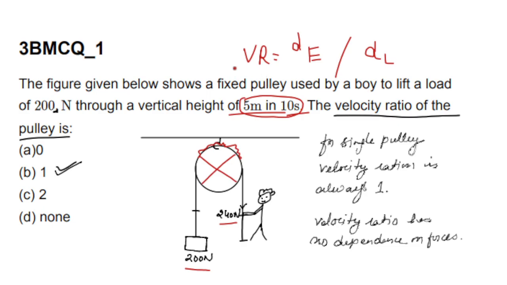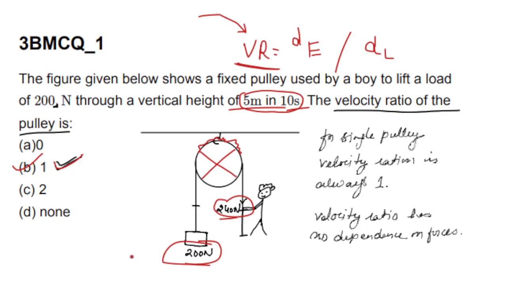But that is not in the scope when we are discussing velocity ratio. So remember that. All this data of force, 5 meter, 10 second was just given to confuse us. If we stick to the formula, what is velocity ratio, and focus on what this means and how much it will change or not, then we will understand that velocity ratio will remain the same. So the option will be B.